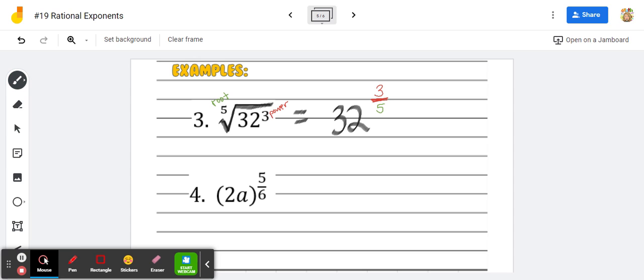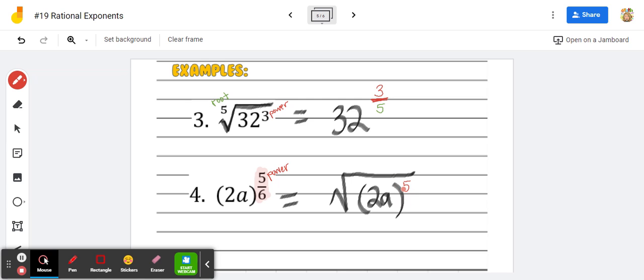Example 4 has a fraction as the exponent. So first things first, we're going to rewrite this as a root of something. And that root must have a base. So that base is going to be 2a according to what's written. The power on that base will be a 5.